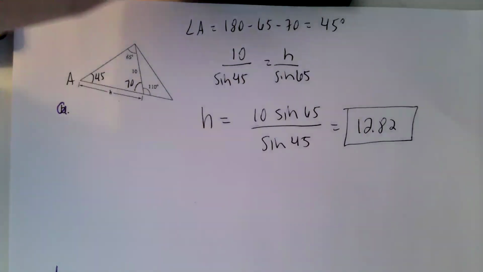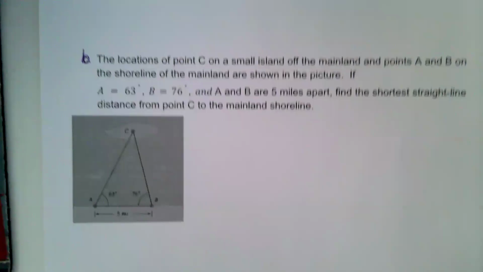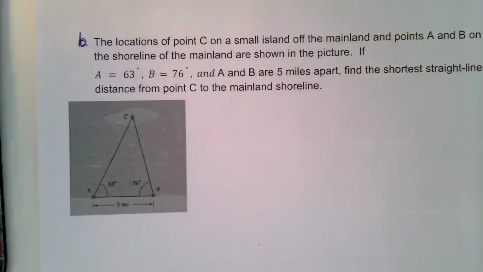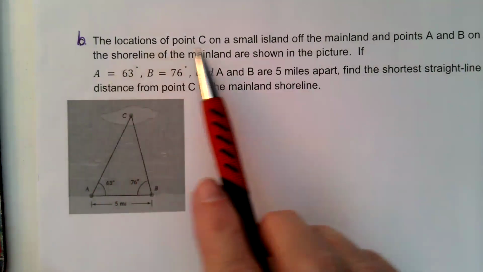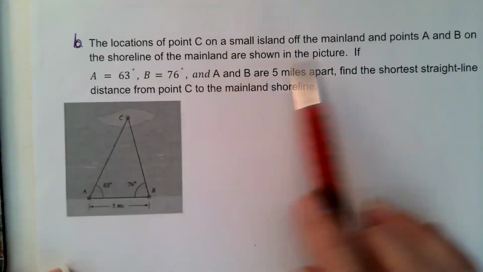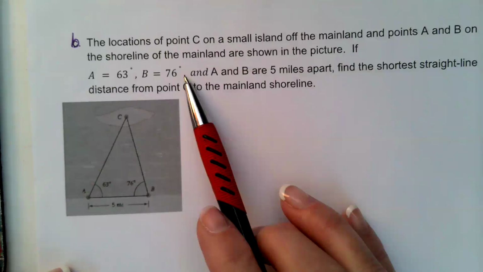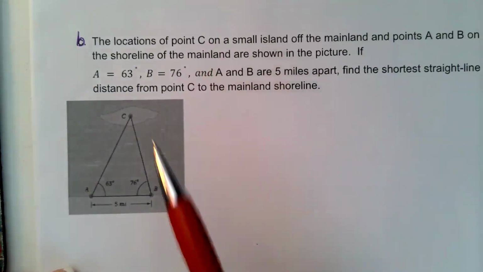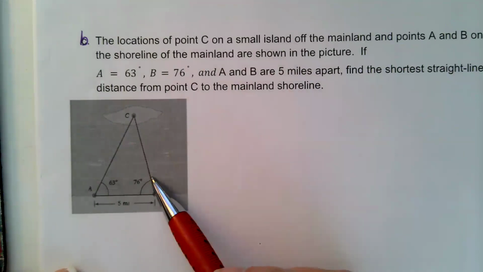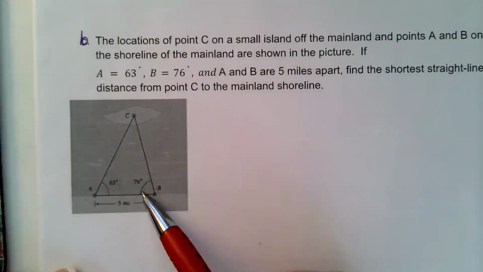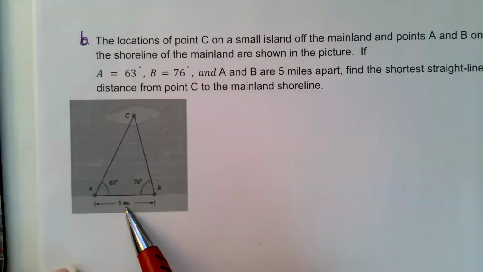And the last problem for chapter 7 here is we have the locations of point C on a small island off the mainland, and points A and B on the shoreline of the mainland are shown in the picture. If angle A is 63 and angle B is slightly larger at 76, and points A and B are 5 miles apart, so we know this distance.